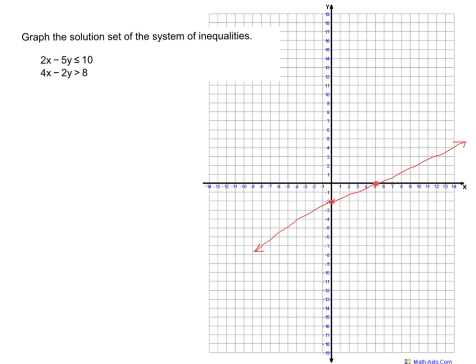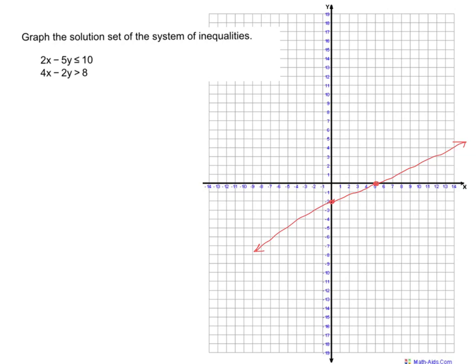Since this is an inequality, I have solutions that are either above or below the line. So I need to figure out if I need to shade above this line or below this line. In order to do that, we're going to choose a test point, and the test point cannot be on the line.